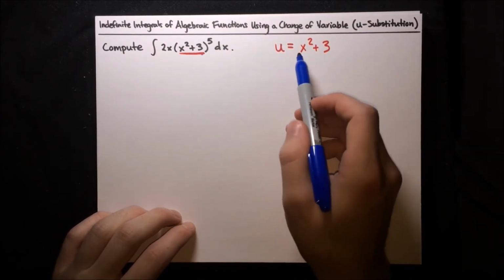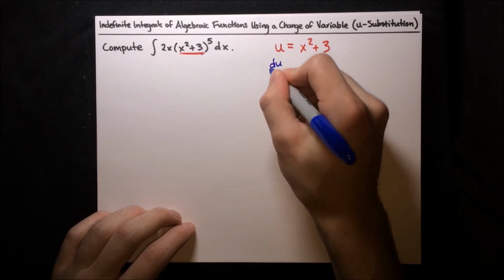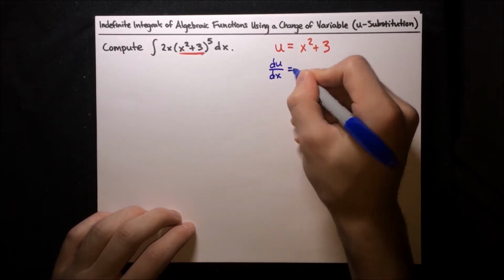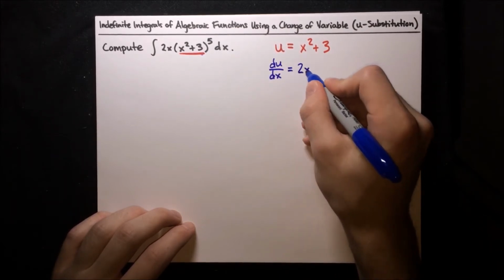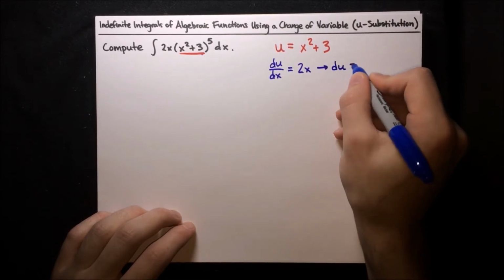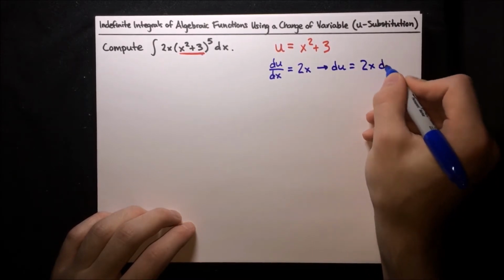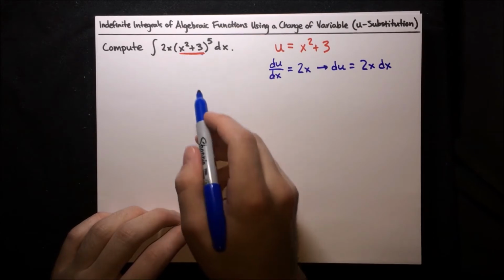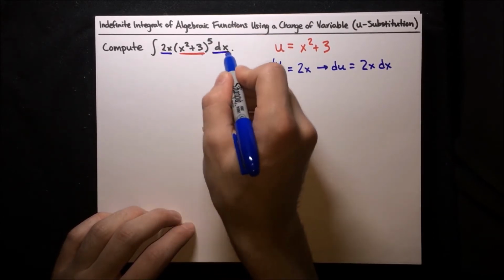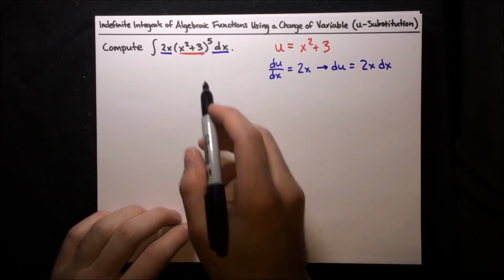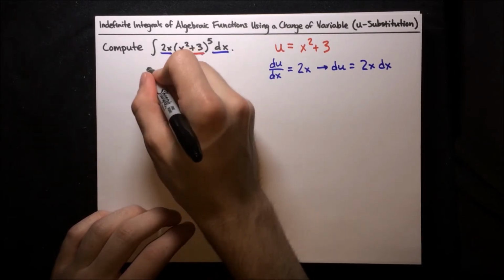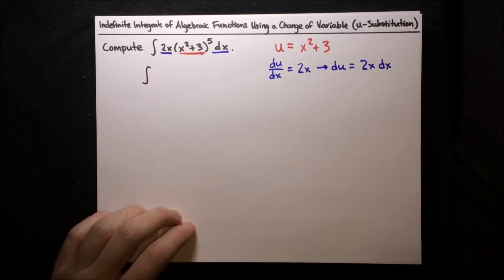And if we make that substitution, then we have du over dx is equal to the derivative, which is just 2x. So du equals 2x dx, and indeed that's the rest of the integral, 2x dx. So let's get ready to substitute in our integral. First, let's just rearrange it to make it very clear what's being substituted.